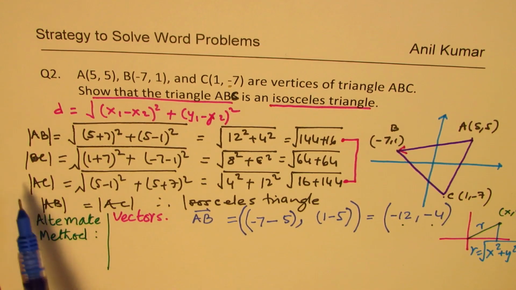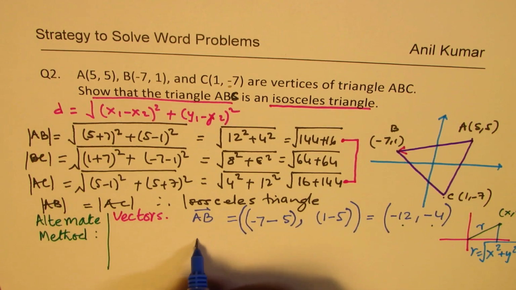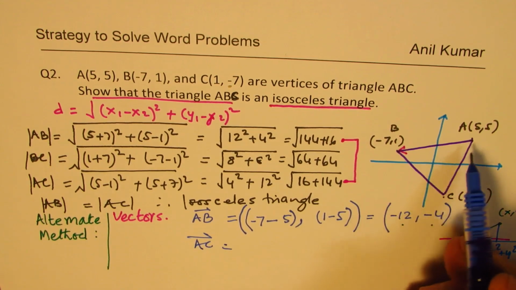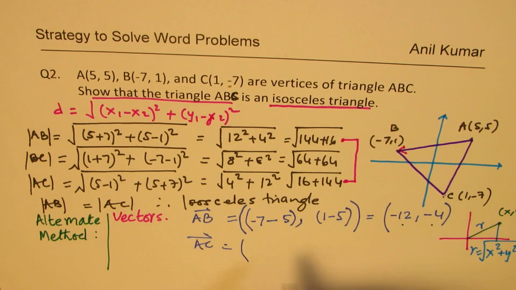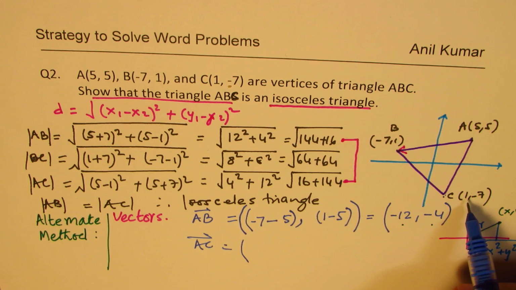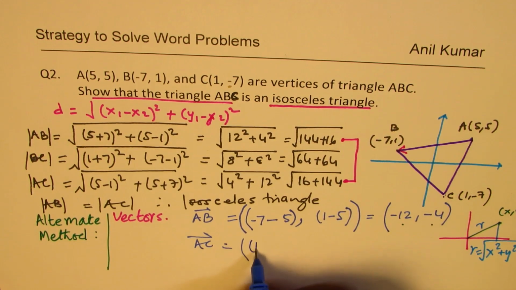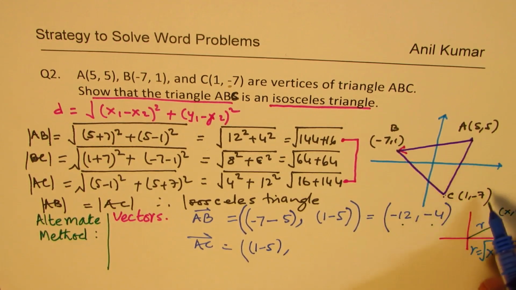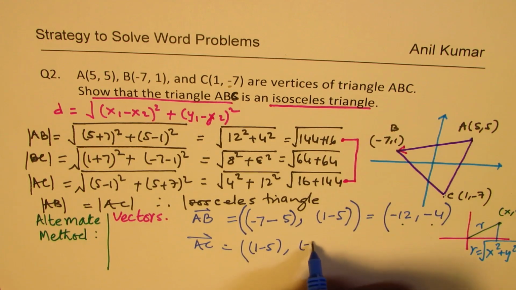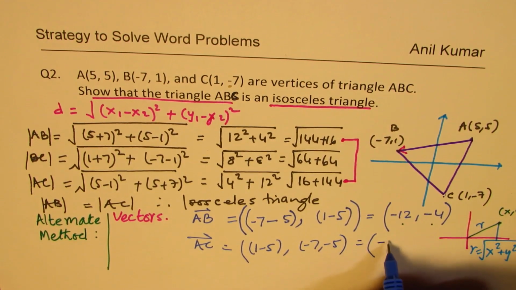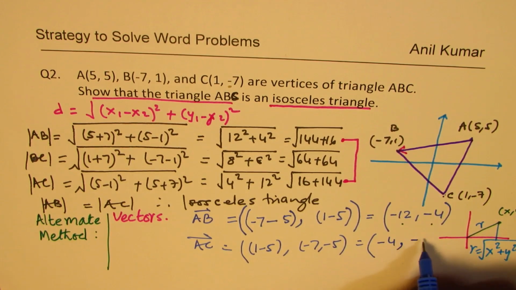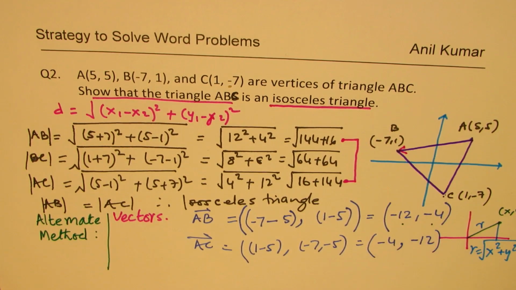Now let's see what A to C is. You could do B to C also. And A to C is how much? If I do A to C, from A we are going to C, then the X change is how much? 1 minus 5. And the Y change is minus 7 minus 5. Is that true? So which is basically minus 4, minus 12. Do you see those things?